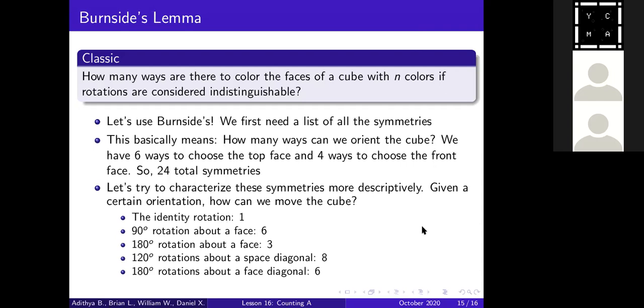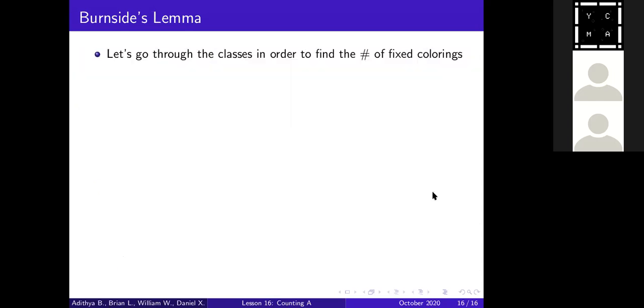Right, so now we're going to use Burnside's lemma based on these symmetries. Basically, what we want to count with Burnside's lemma is the number of colorings that are fixed by each symmetry.